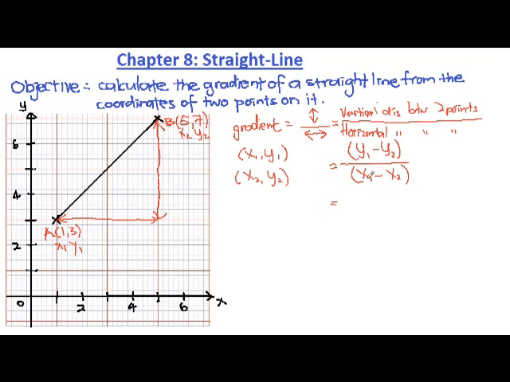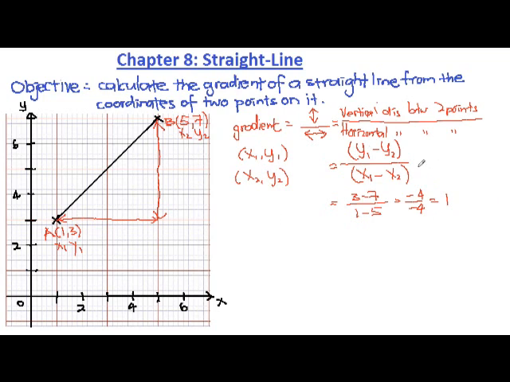By using this equation, y1 minus y2 is equal to 3 minus 7 over 1 minus 5, which is equal to -4 over -4, and the result is 1. So we get the same gradient.